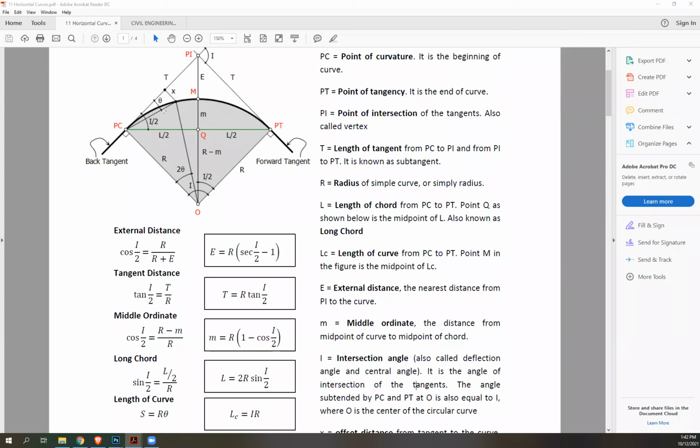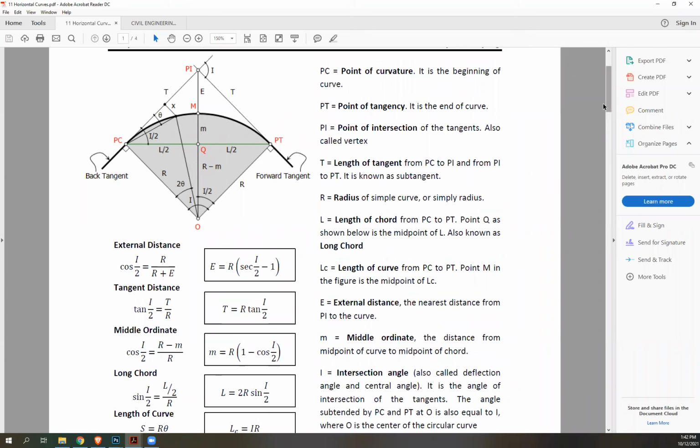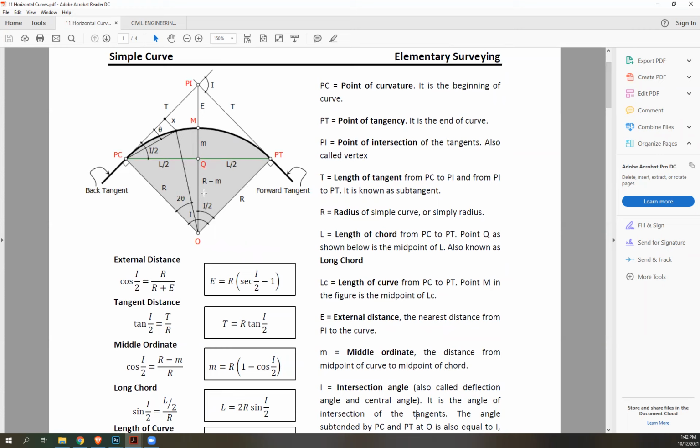This is an arc, and this is the center of your circle, O. And the angle subtended by PC and PT is equal to I as well. Later on, I'll show you the relationship between all of those parts.